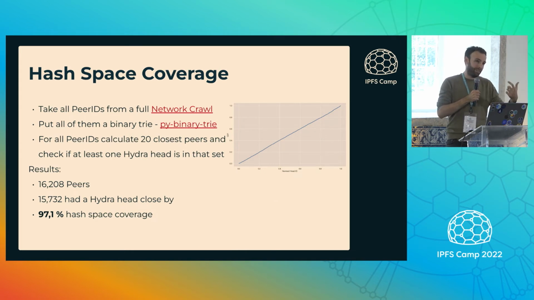And we checked, well, is a Hydra head in there or not? And we found out for the 16,200 peers that we found in the network, this is the case for 15,700, which makes around 97% coverage of the whole hash space, which is good, which is the intention, and we just confirmed it empirically, basically.